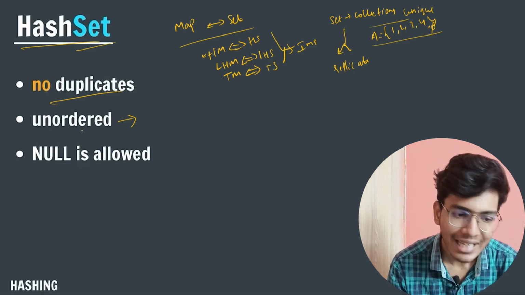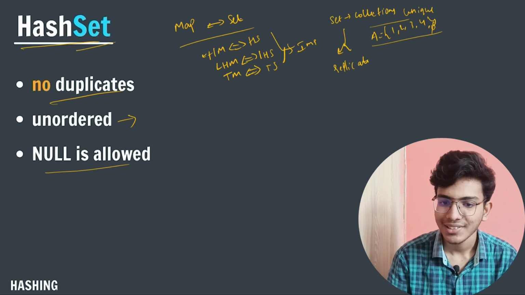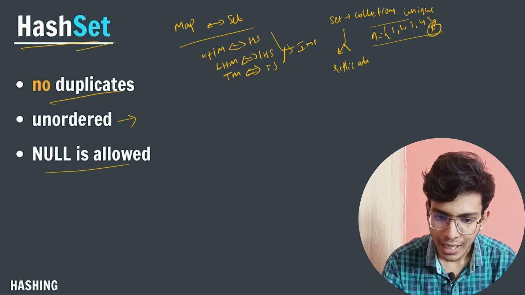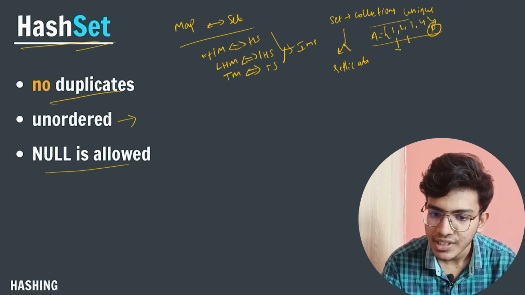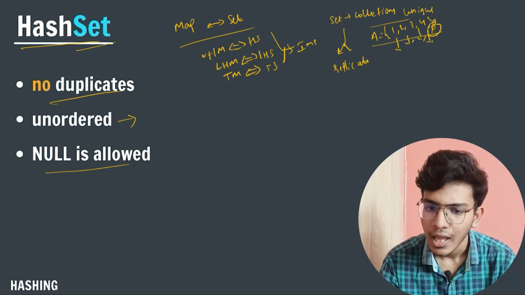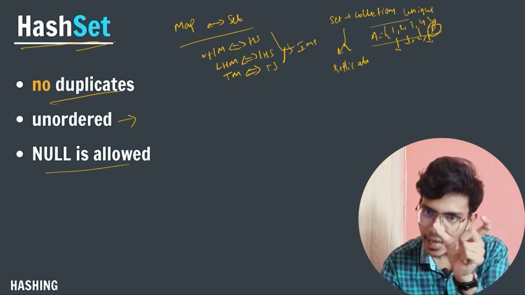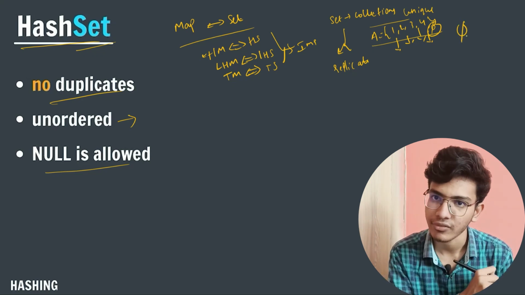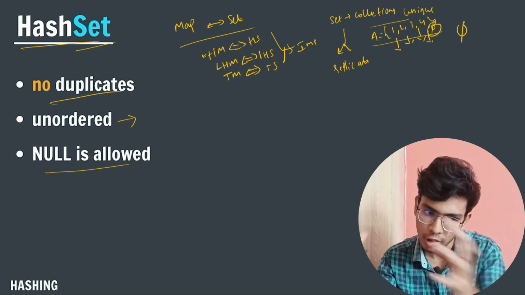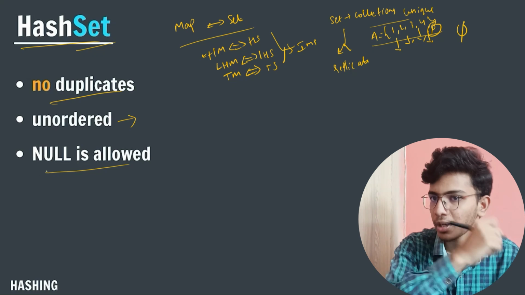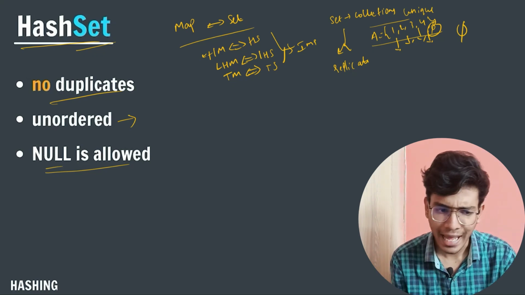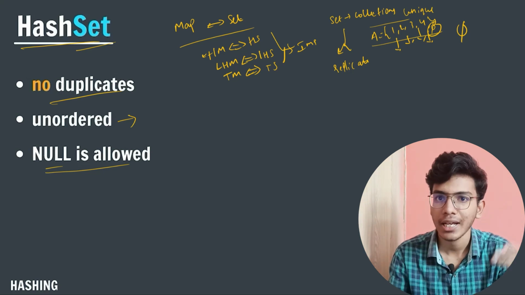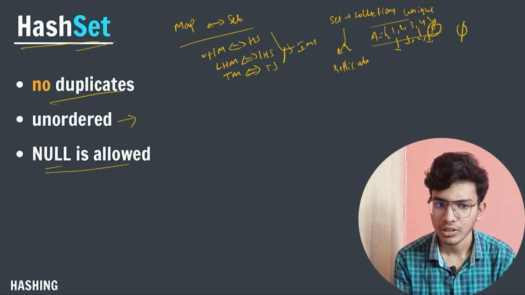And the third is that null is also allowed. Null is nothing but an empty element. In sets we have elements, 1 is an element, 2 is an element, 3 is an element, 4 is an element, and along with these valid elements I can have a null element. So to represent that also we use the concept of null here. So in hash set no duplicates are allowed, it is unordered, and it can have a null. So this is about hash set.